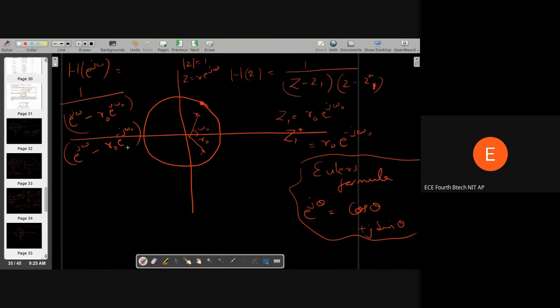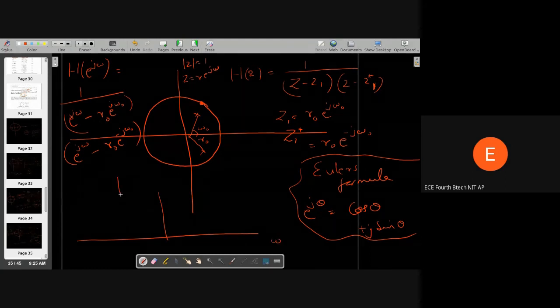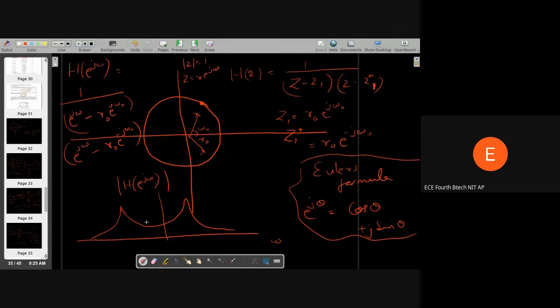Then you can plot omega against the magnitude, just the magnitude spectrum. You can plot both magnitude and phase, but just plot the magnitude spectrum. What you will find is that there will be two peaks at omega naught and minus omega naught.